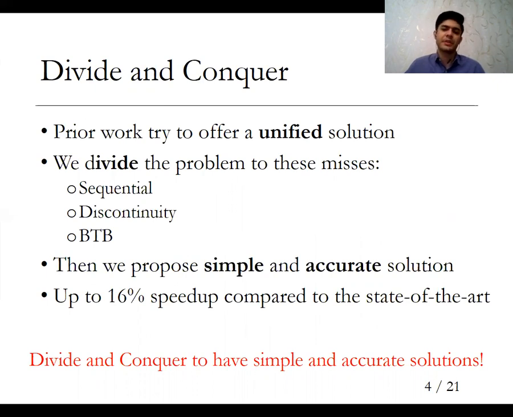On the contrary, we will use a divide and conquer approach to solve this problem. We divide the front-end bottleneck into sequential, discontinuity, and BTB misses. Dividing the problem into smaller subproblems helps us to propose simple and accurate solutions for each type and avoid the complexities that can be seen in the prior work. Using this approach results in a proposal that outperforms the state-of-the-art prefetcher by up to 16%.